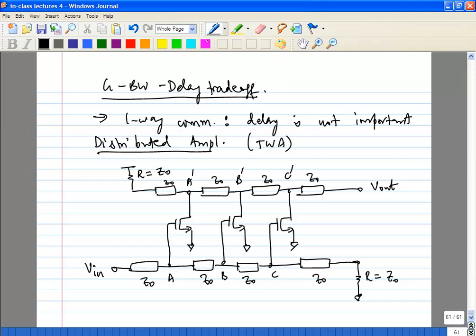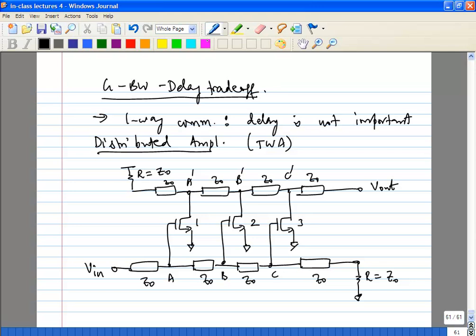What happens after one more delay? The same input step arrives at B. The second transistor converts that to a current, and that gets converted to voltage, again equal to gm Z0 over 2 at B prime. Now what happens to the signal which was created at A prime? Assuming that the delays of the two transmission lines are identical, the first wave appears here in complete coherence with the second wave, and they add constructively.